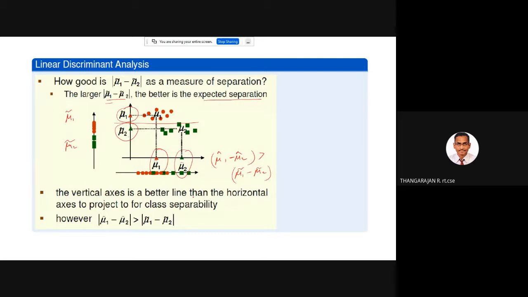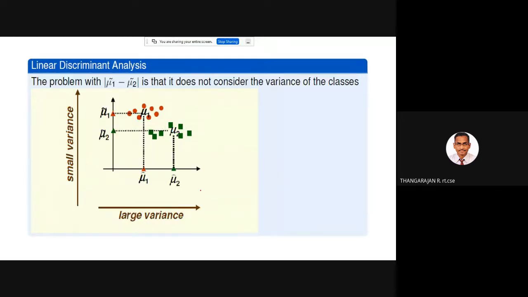So you cannot take the absolute value of the difference between the two mean values, because on the vertical line it shows good separation, but on the horizontal line it shows poor separation. So that's one more thing you have to take into account.